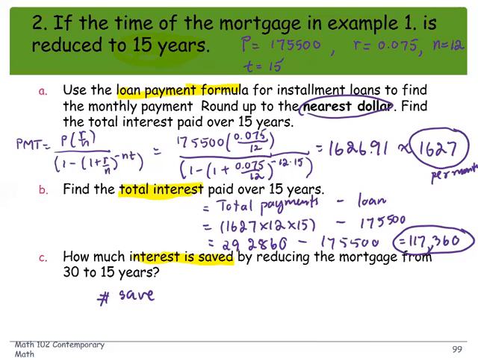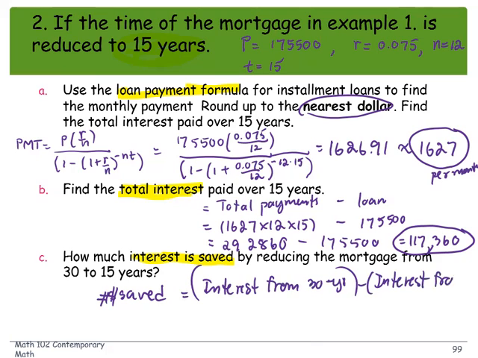So the amount of dollars saved would be the interest from 30 years subtracted by the interest from 15 years.